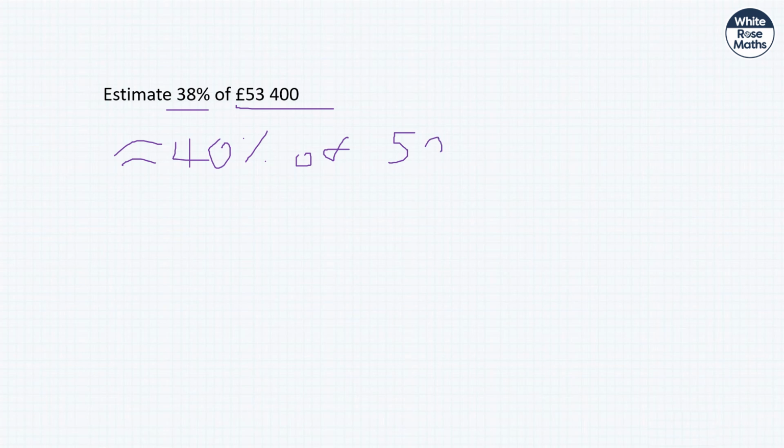It is not asking you to actually work out the actual sum. This one's a bit easier to see. 10% will be 5,000, so it is going to be 4 lots of 5,000. So 5,000 times 4 is equal to 20,000. So this is approximately 20,000.